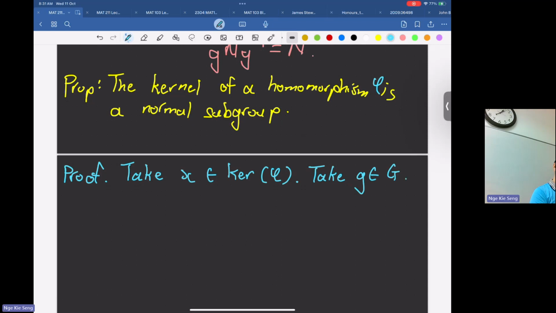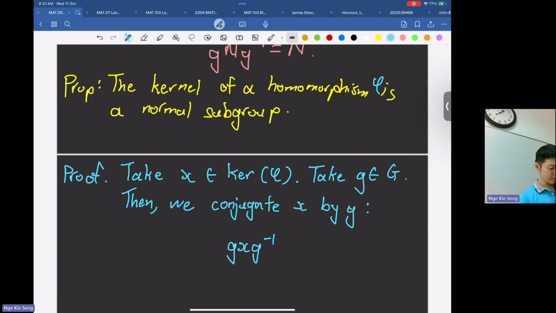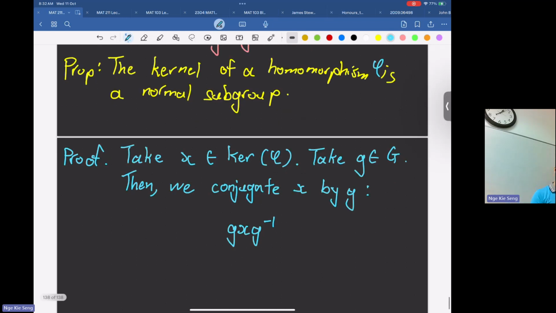Then we conjugate x by g, where we get g x g inverse.